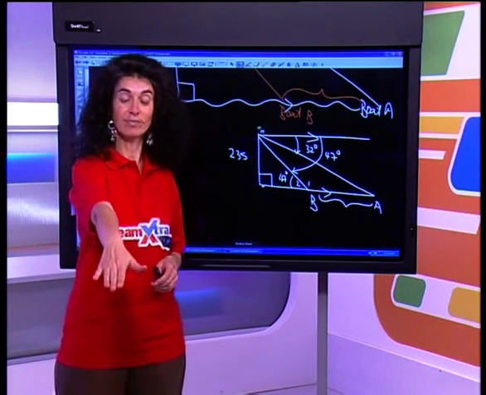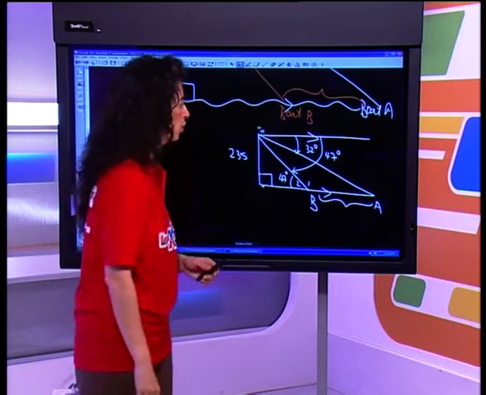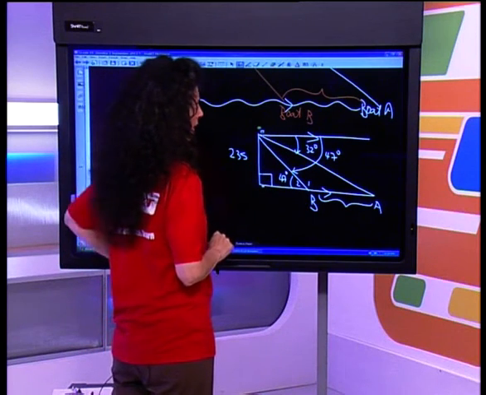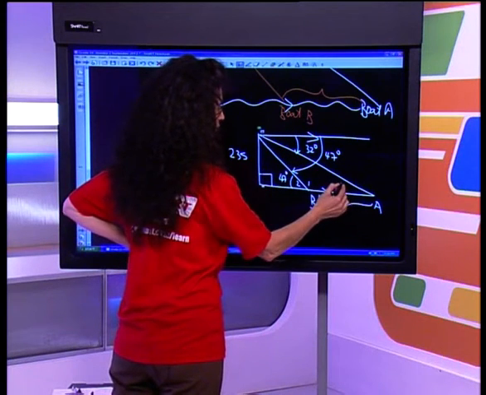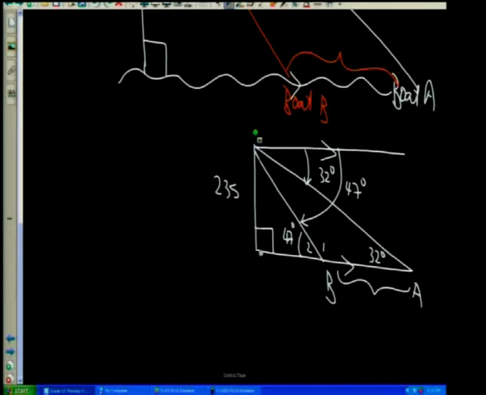So if I look down, and somebody else looks back up to me, the angle of elevation is 47. These lines are parallel, the alternate angles are equal, so that's 47. And this line is parallel to that one, so this angle of depression will equal the angle of elevation from A.